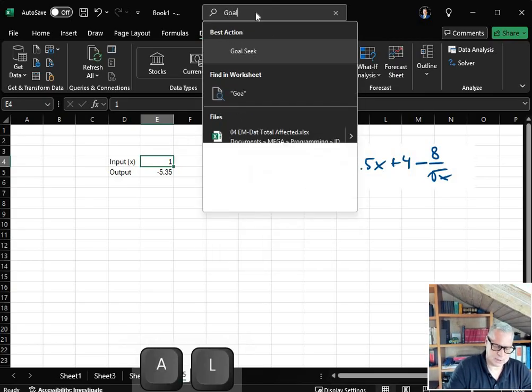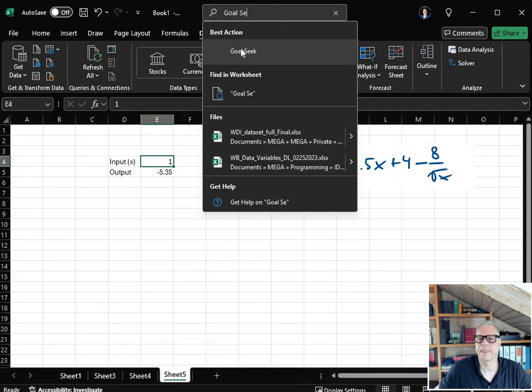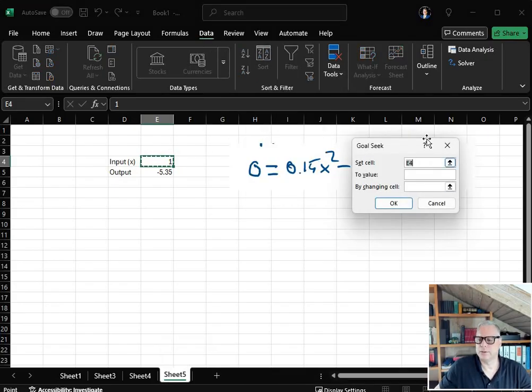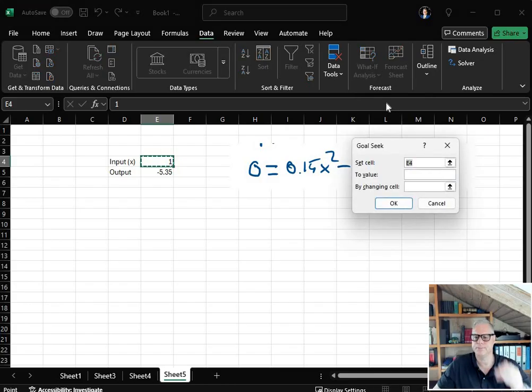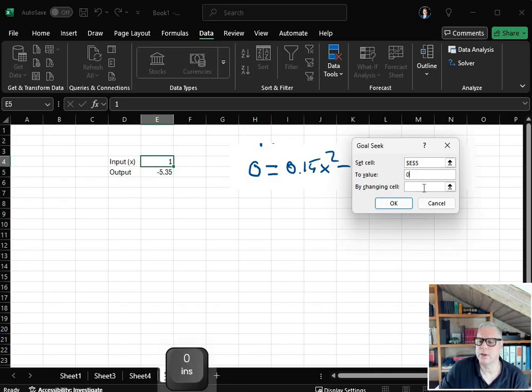So if we go back to goal-seek, or if you want to go to Data, What-If Analysis, Goal Seek, you say, I want to set the cell, not E4, but this one, the cell E5, the output, to the value 0 by changing this cell that I just changed all the time.